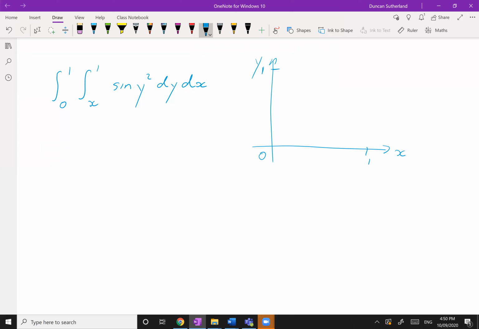Y finishes at 1, I guess we know that much, but it starts at the line y equals x. Right, so we start at this line and we go up here. So we get the upper triangular portion of this half. Like cut a square in half, you get the upper triangular portion.